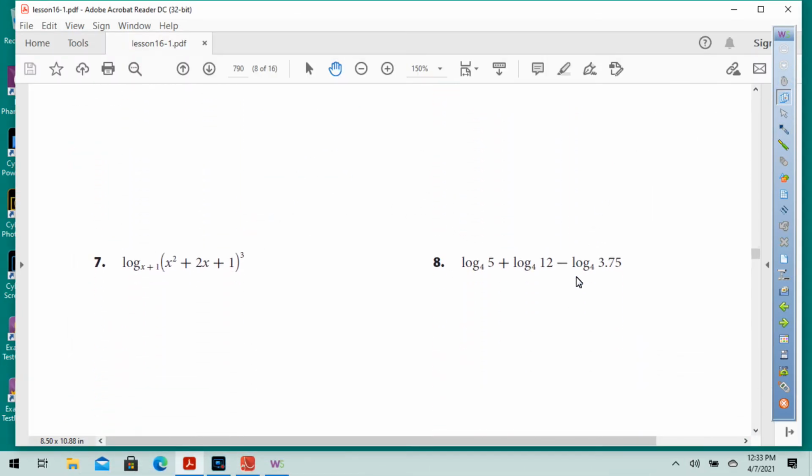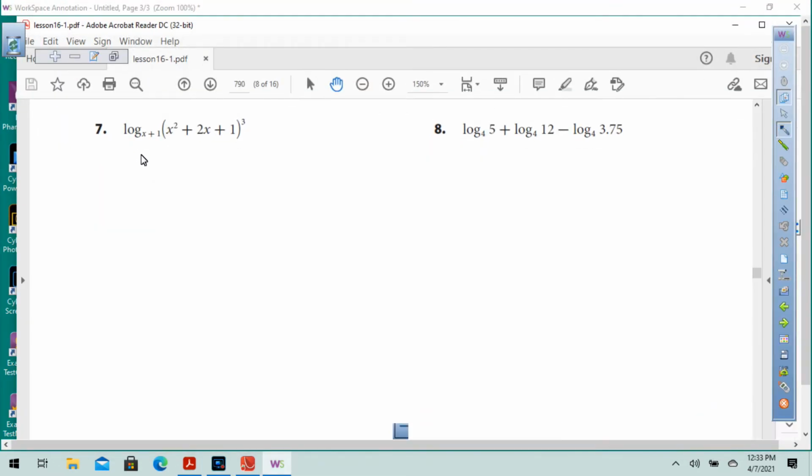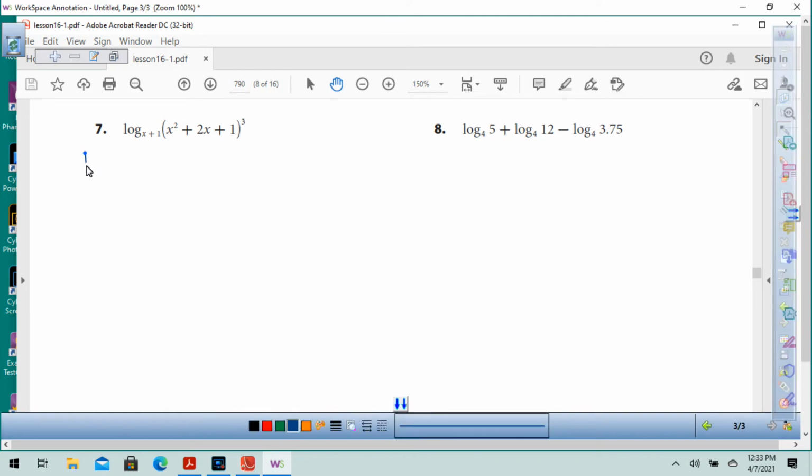Number 7, you have log base x plus 1, and then x squared, that's x plus 1, and that's squared, right?